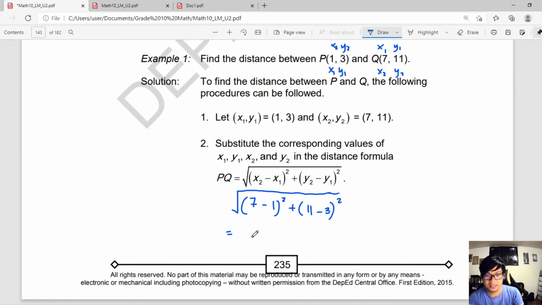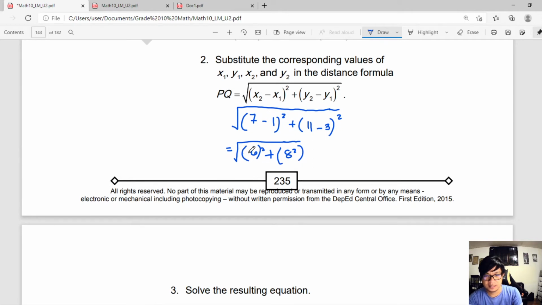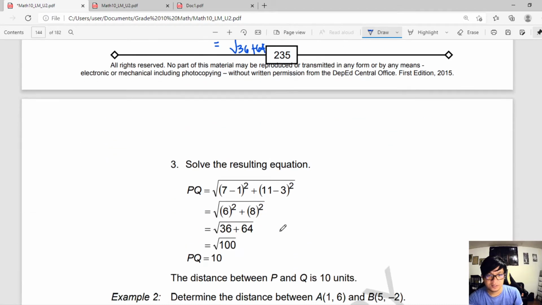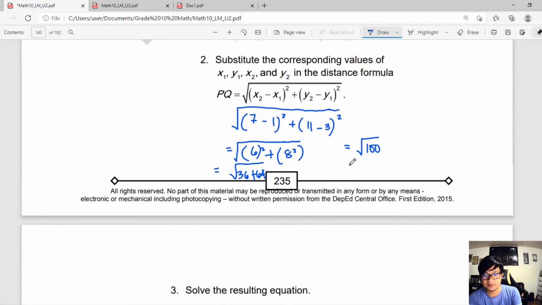So that is 6 squared plus 8 squared. So that is square root of 36 plus 64, and that is square root of 100. So square root of 100 is equal to 10. So PQ is equal to 10.